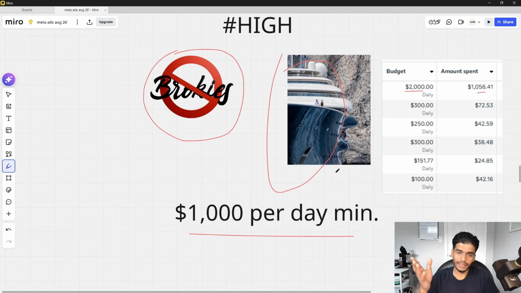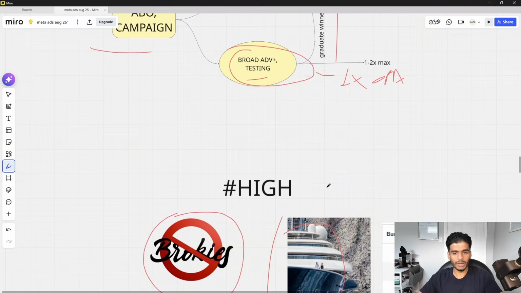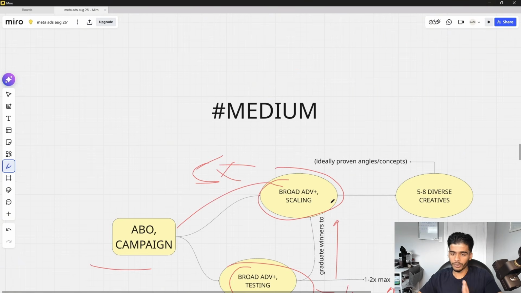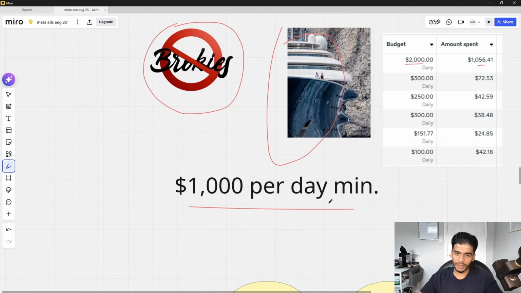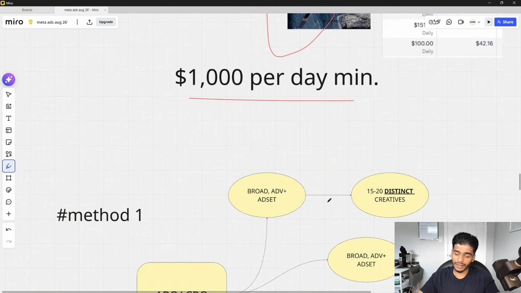You are ideally in this bracket, and if you are not, you will get here by following the strategies I taught you over here. And after you are here, finally you are not playing around, you have a real budget, you are spending 30, 50, 100k a month on ads, and you are ideally getting 500 grand to a million out of it, at least 100 grand a month out of it. So you are playing the real game, you are no longer small fry.